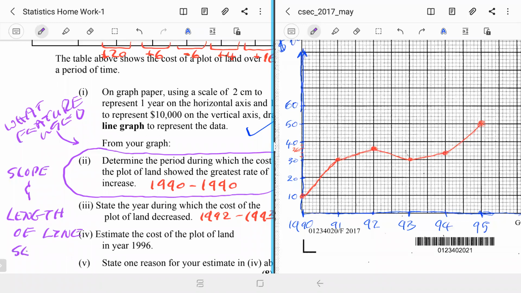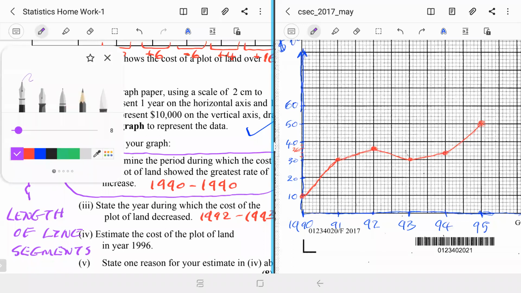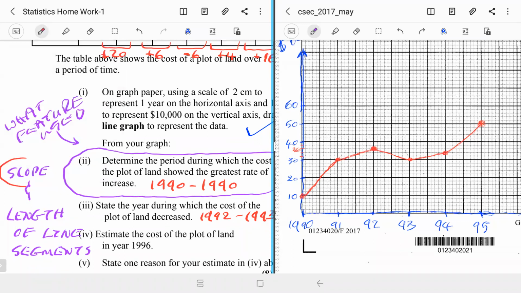You compare them. But mostly the slope. Remember, another word for slope is gradient.